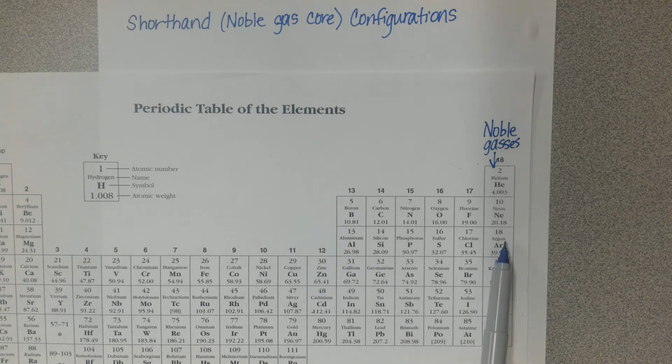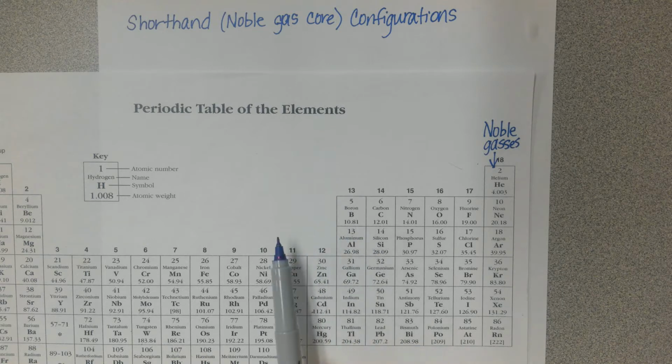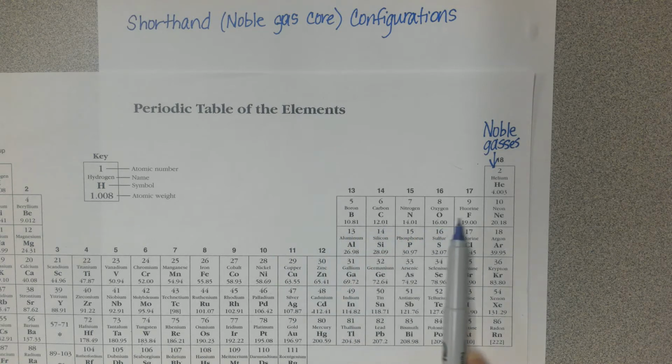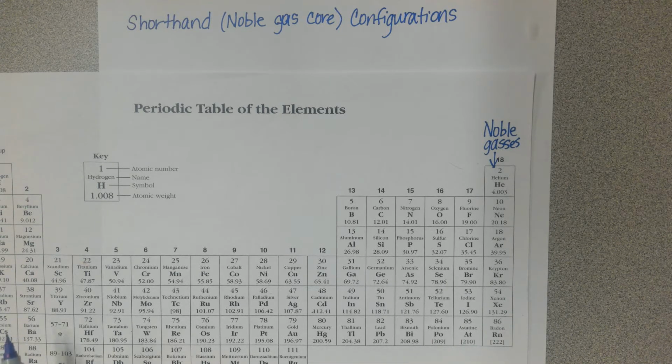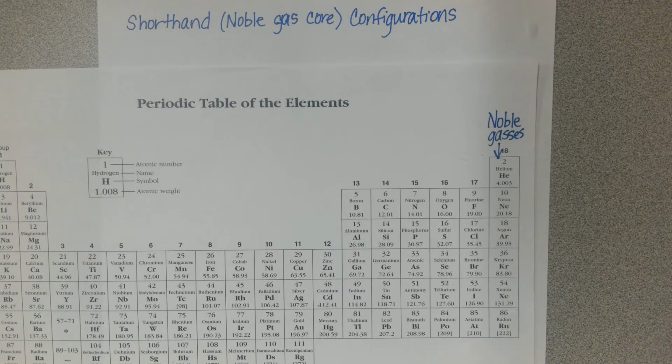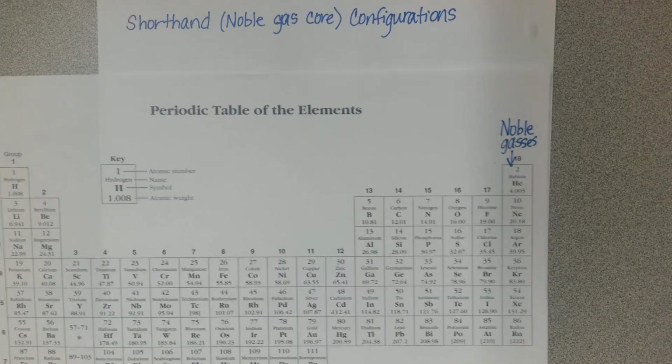And so what that means is that we have completed an energy level with electrons. And then when we go down to the next row in the periodic table, we have started a new energy level. And so noble gases are a convenient thing to use to shorten our electron configurations.